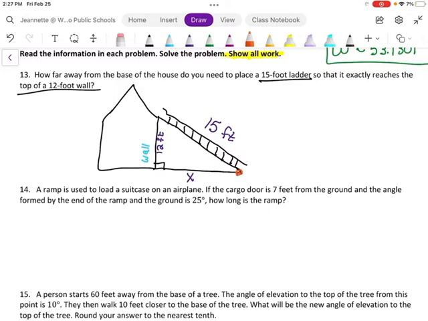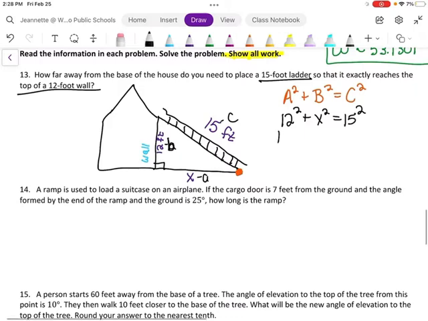So now that we have all of that labeled, we have a right triangle and we're looking for a missing side. Again, that leads us to Pythagorean theorem, which this isn't new, so hopefully we should get it. A and B can be either the legs, and then C is the hypotenuse. So 12 squared plus x squared equals C squared. And we know that C is equal to 15, so we should put that in.